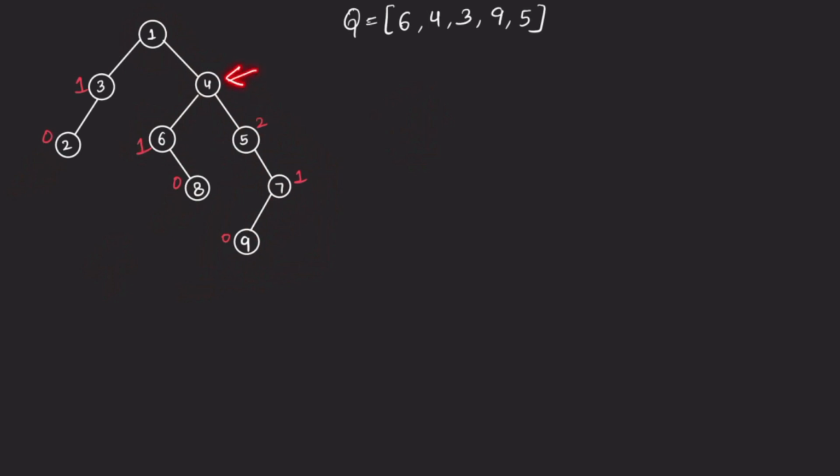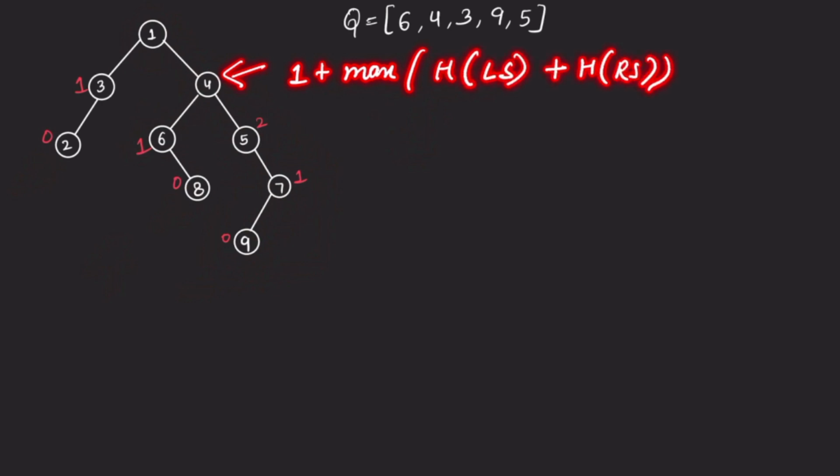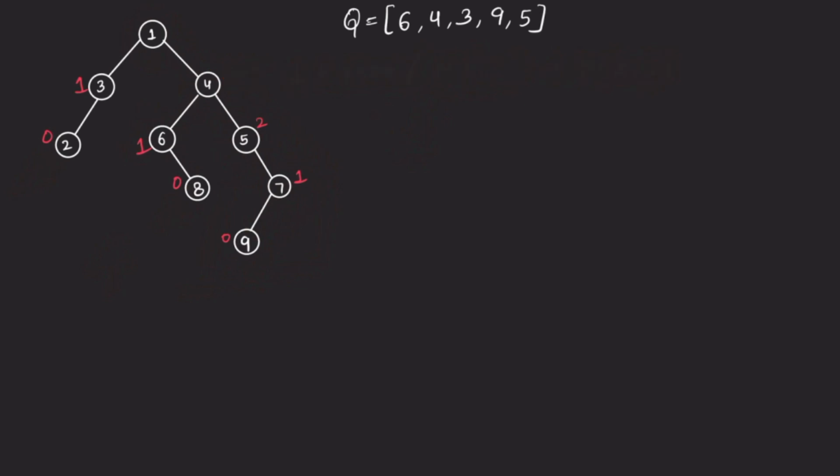And because we are adding one more edge here, the height of this node will be 1 plus the maximum of the height of the left subtree and the height of the right subtree. Here 1, here 2, maximum is 2, so 2 plus 1 is 3. So the height of 4 will be 3. Similarly for 1, here we have 1 and here we have 3. Maximum is 3, so 3 plus 1 is 4. So the height of this will be 4.